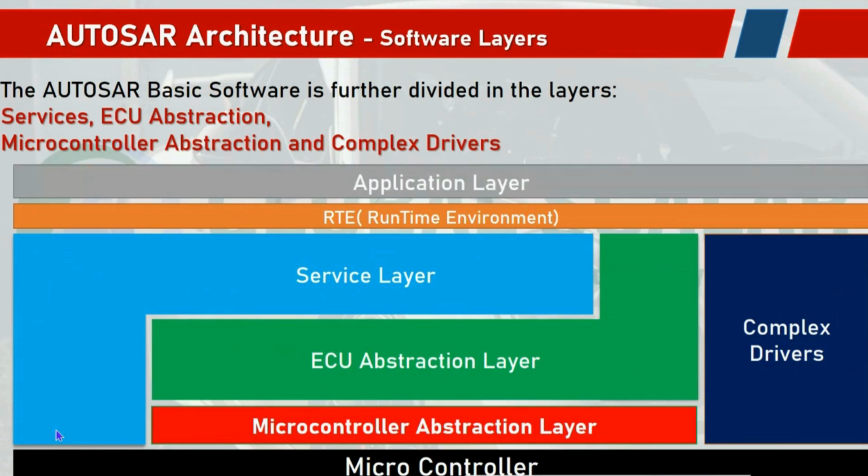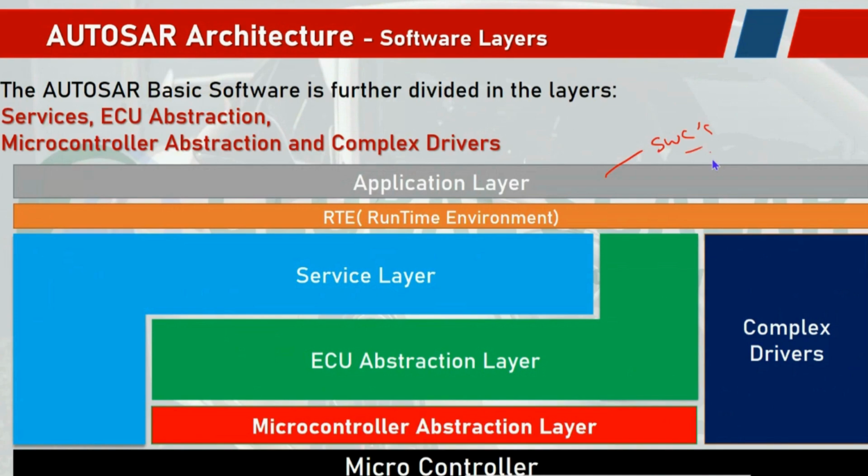Next we have the application layer. Here the actual vehicle functionality is implemented. It consists of software components, SWCs, which represent specific vehicle functions such as engine control, infotainment, and sensor management. These SWCs are designed for modular reuse, allowing them to be deployed across different vehicle platforms.